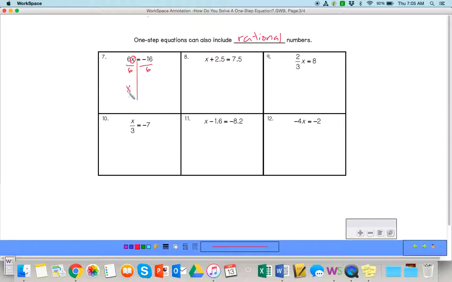And we get x equals, I don't have a calculator next to me, so 16 divided by 6, it goes in there 2 times. Okay, and so that is going to be 2.6 repeating.